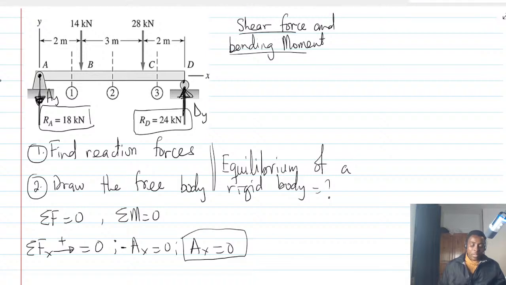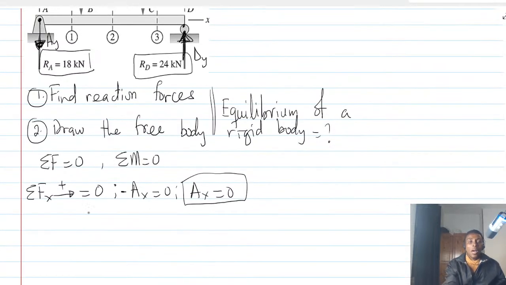Now for the y, summation of forces, every force going up is positive, should be 0.